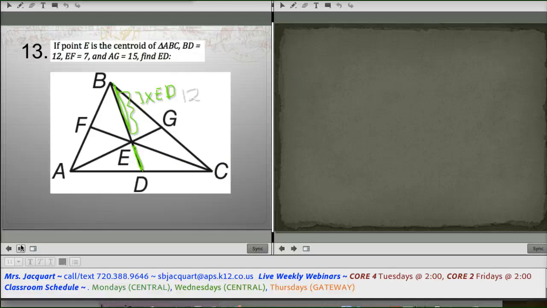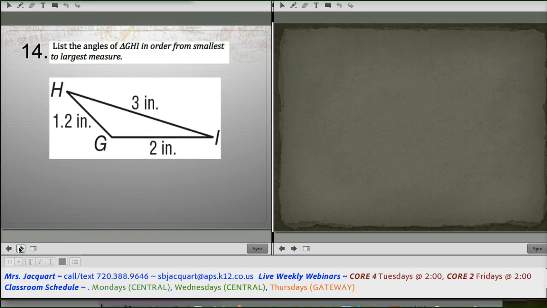Oh, I picked white. That was crazy. Therefore, ED is 6. Okay, it's a 1/3 to 2/3. So this would be 2/3. What would be half of 2/3? 1/3 would be 6. They gave us extra information which we didn't need to know or care to know.